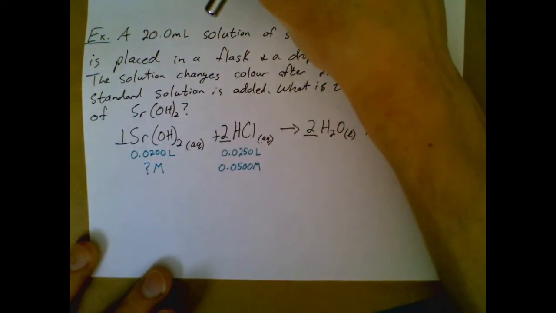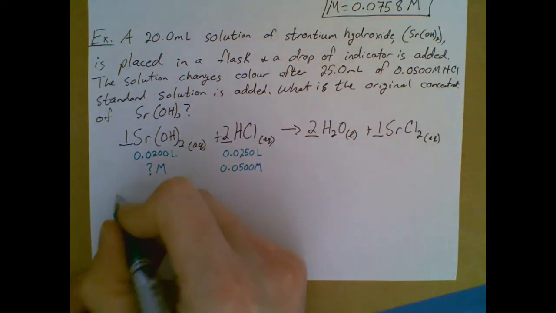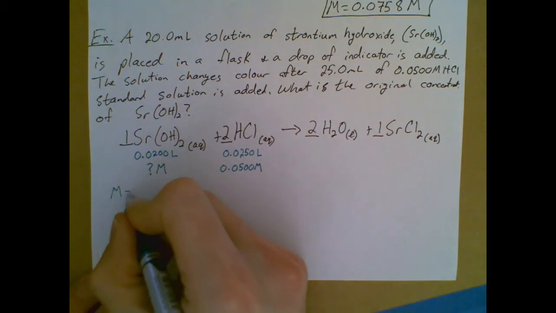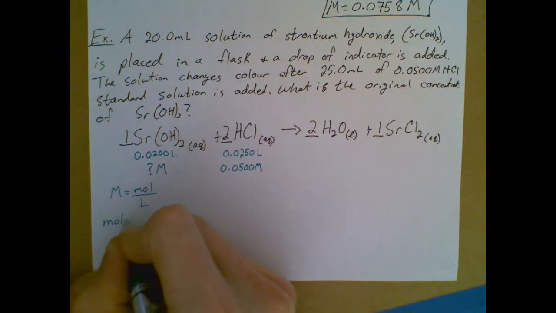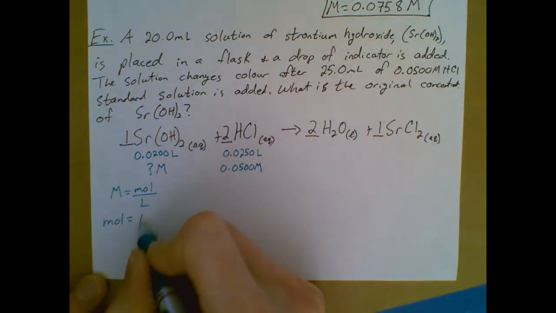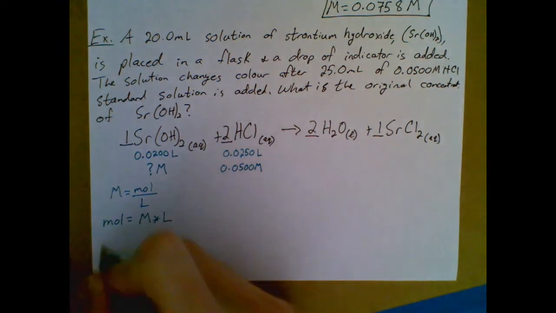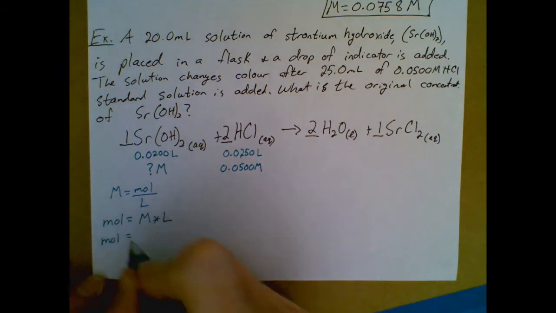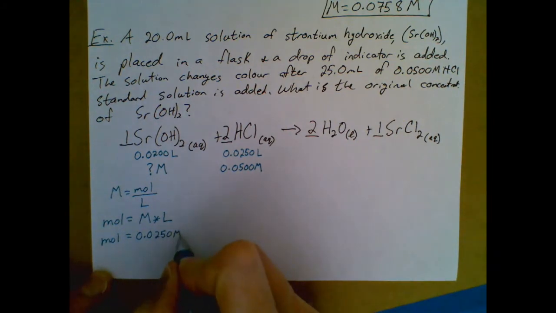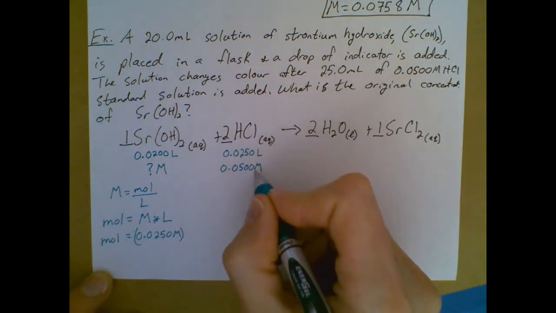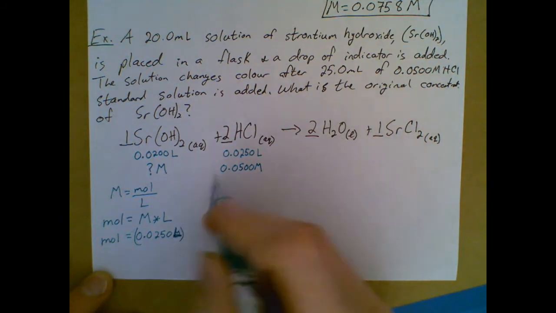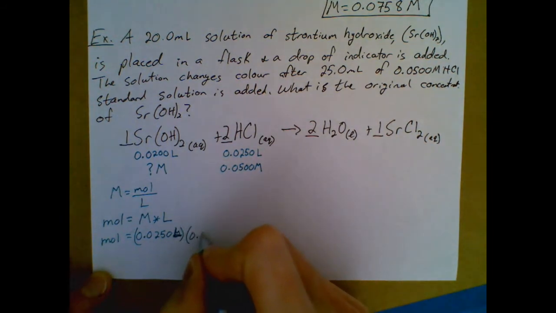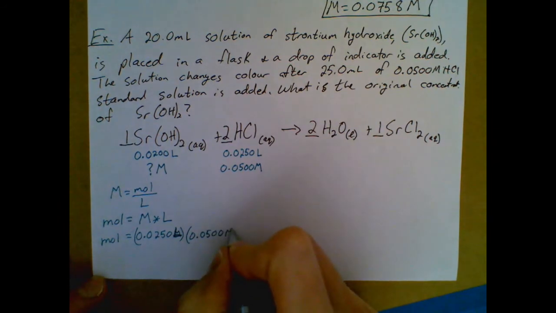Let's do the rest. The next step is go to moles. So using my molarity formula, rearranging to solve for moles. Moles is molarity multiplied by liters. So for the HCl, it's going to be 0.0250 liters, multiplied by the molarity, 0.0500 molarity.